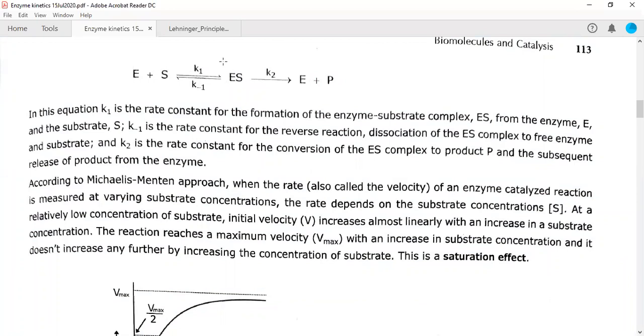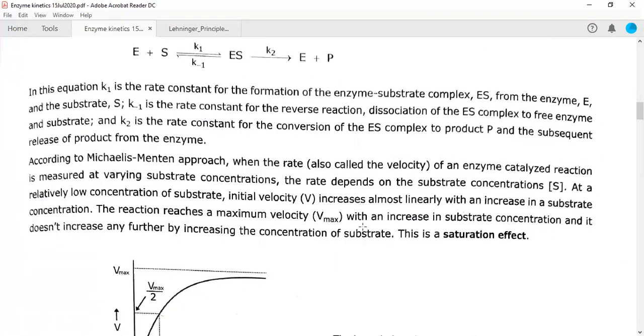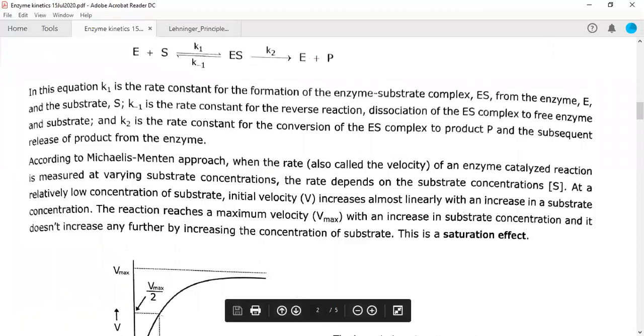Whereas the second reaction is a slow reaction, and we know the slower reaction is going to decide the rate of reaction. Therefore, this K2 is going to decide the velocity of the reaction, or in simple terms the kinetics of the reaction.